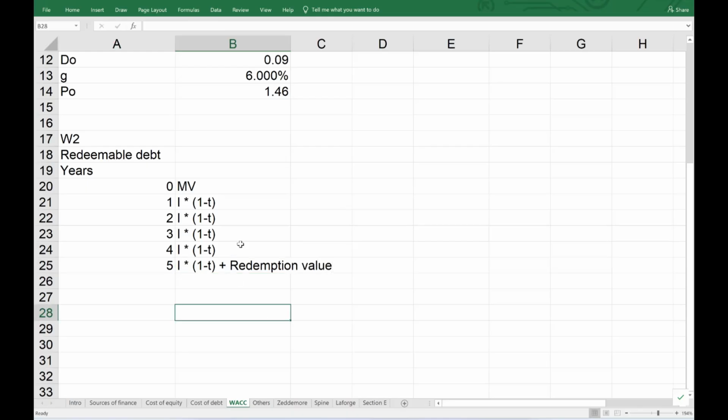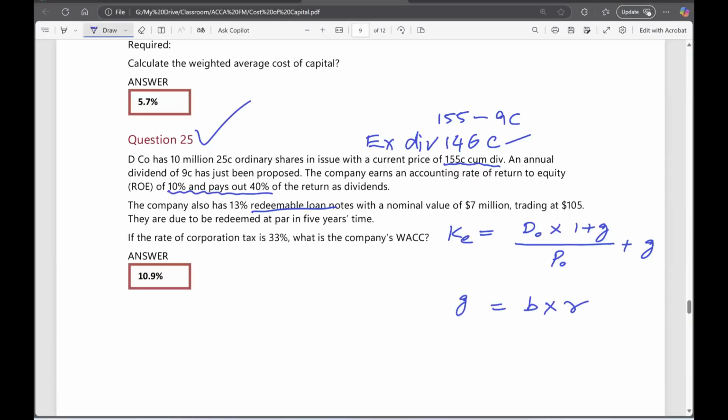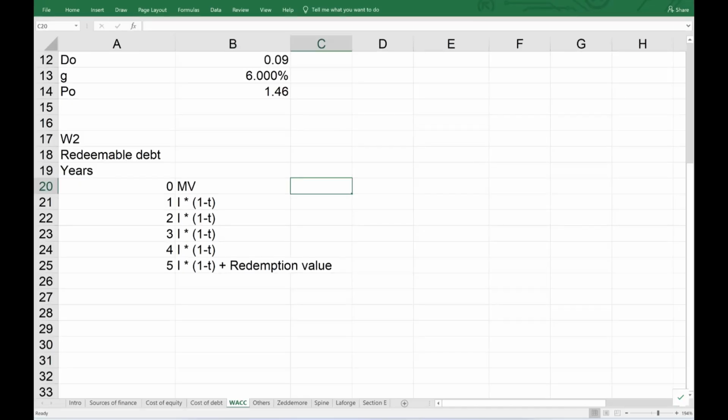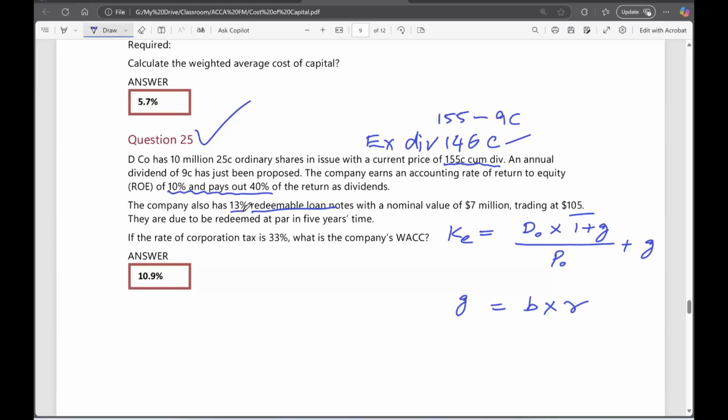Same year because we are going to use the Excel way. Market value today of the bond is currently trading at 105. He mentioned it. So 105. Interest 13% of the 100. So 13 into 1 minus t, which is 33% tax rate.